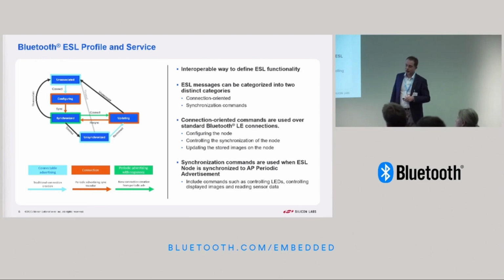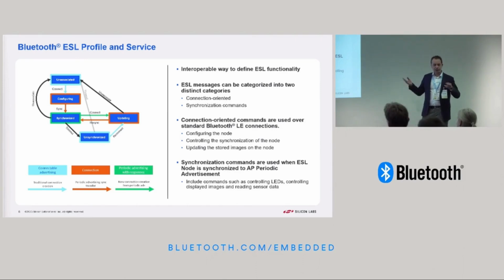There's also a third mode, a normal connectable advertisement where you enter the state machine. And if something happens and things fall out of sync, there's a controlled method to bring the devices back through the unsynchronized status and get them synchronized again.